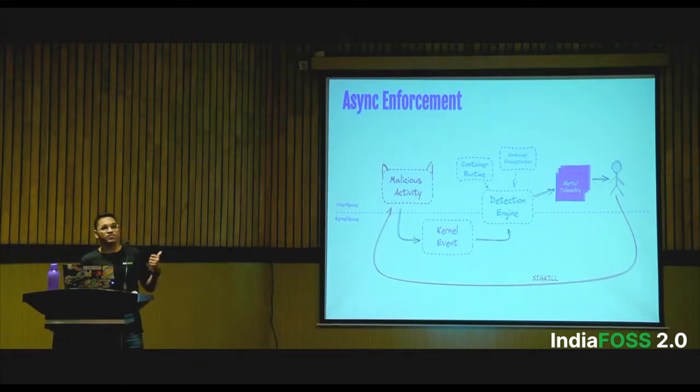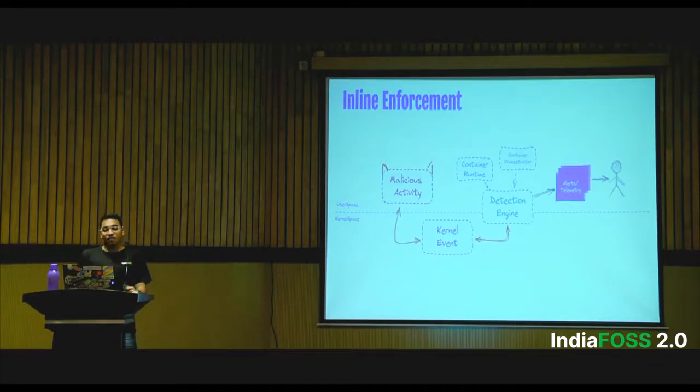This is asynchronous enforcement. But what if, as soon as we detect it, we issue a denial for that activity in the kernel space itself? That would be great, because as soon as the malicious activity tries to spawn, we kill it there and then.